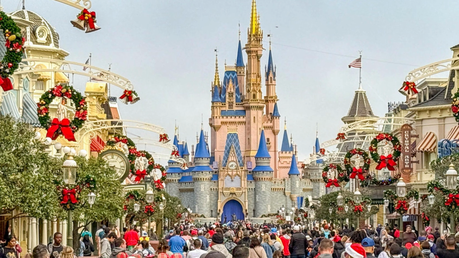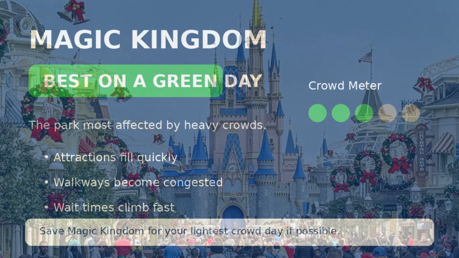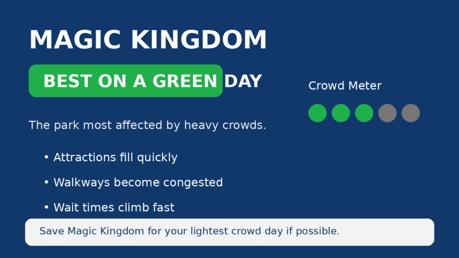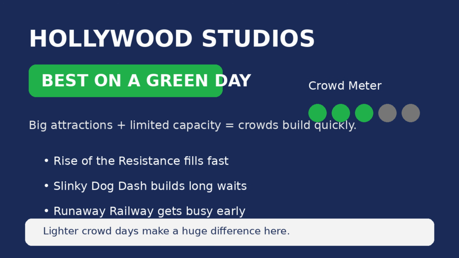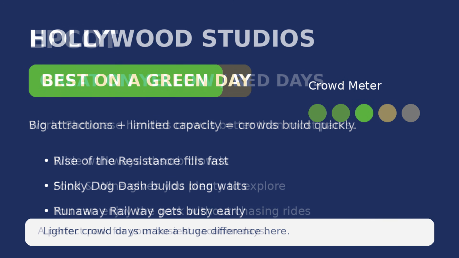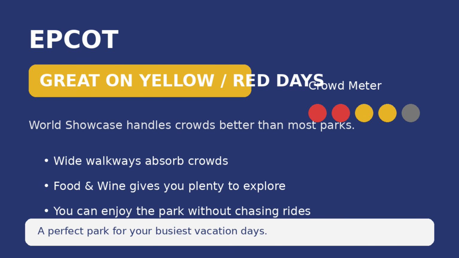Step three, match parks to crowd levels. On your lighter crowd days, hit parks that are the hardest to navigate when they're packed. Magic Kingdom and Hollywood Studios feel the impact of crowds more than Epcot and Animal Kingdom. So save your Magic Kingdom visit for a green day if you can.